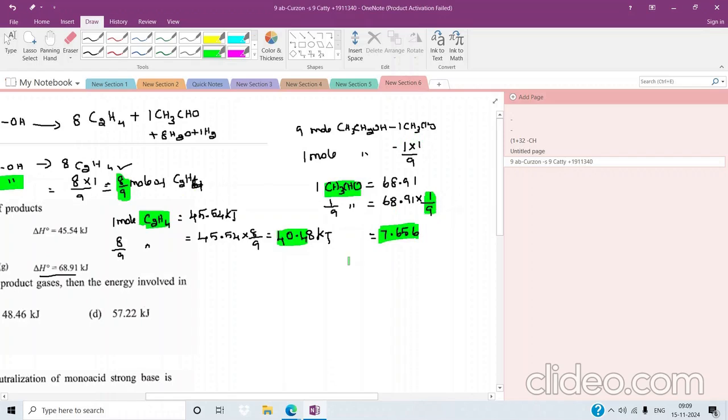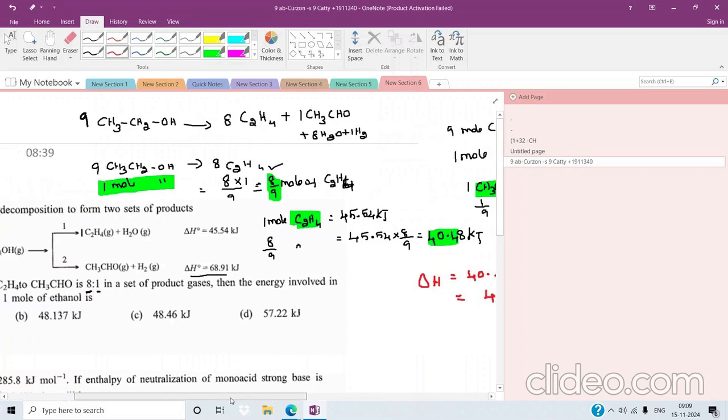If you add the total energy, delta H total will be 40.48 plus 7.656, totally 48.137 kilojoules.